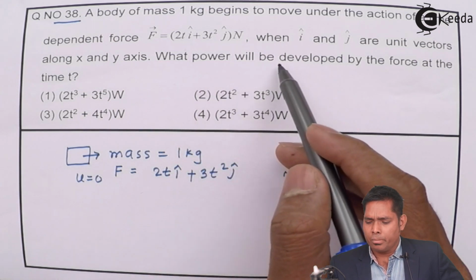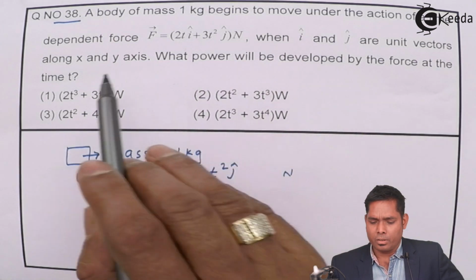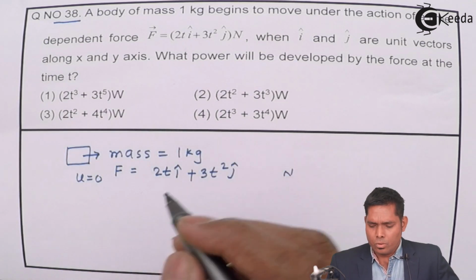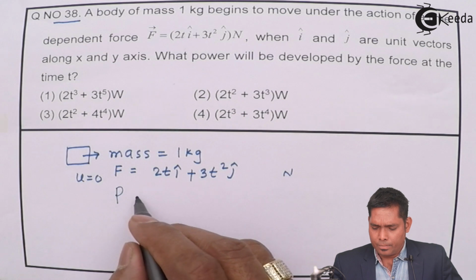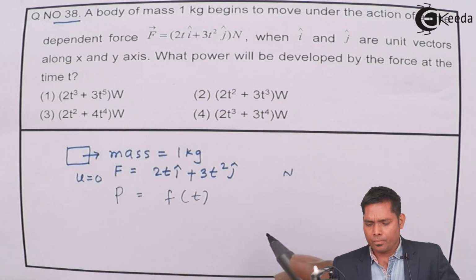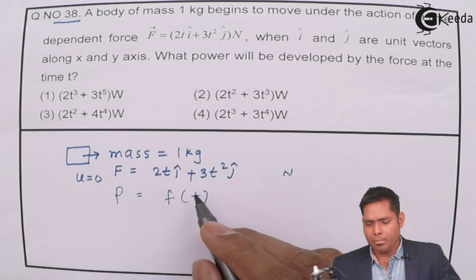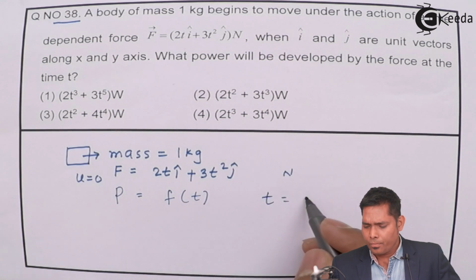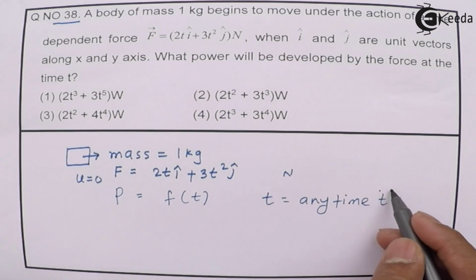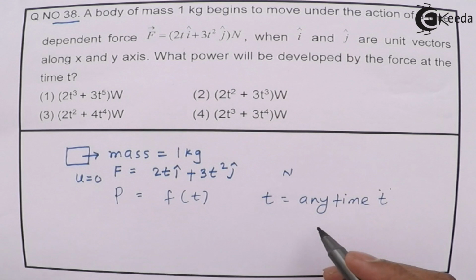What power will be developed by the force at the time t? This is any time t. So our aim is to find power as a function of time t, or power at any generic time t.